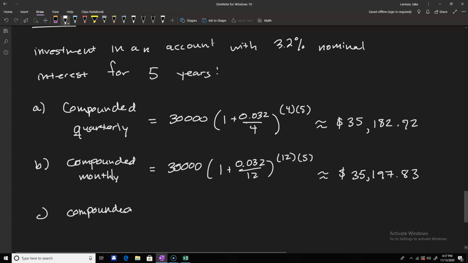So all other things being the same in this problem, the most you could earn due to compounding alone is going to be given by the continuous case, and that formula is just A equals P times e to the rt, so we just have our 30,000 times e raised to the 0.032 times 5, and that comes out to 35,205.33, so about $8 more than we had from the monthly case.